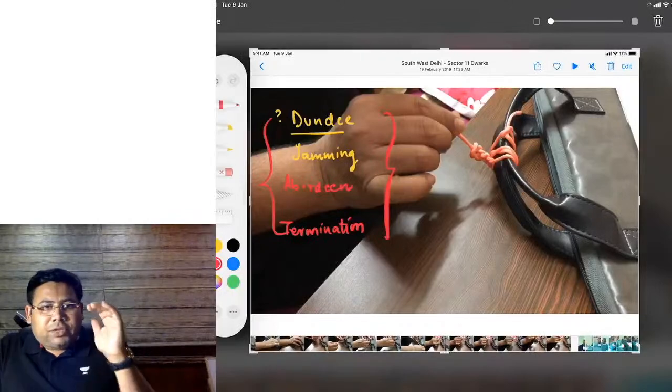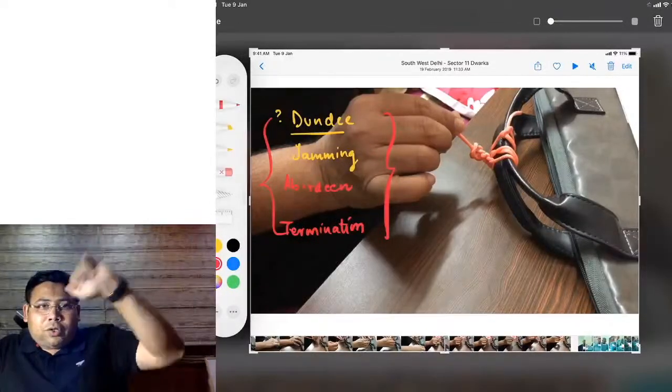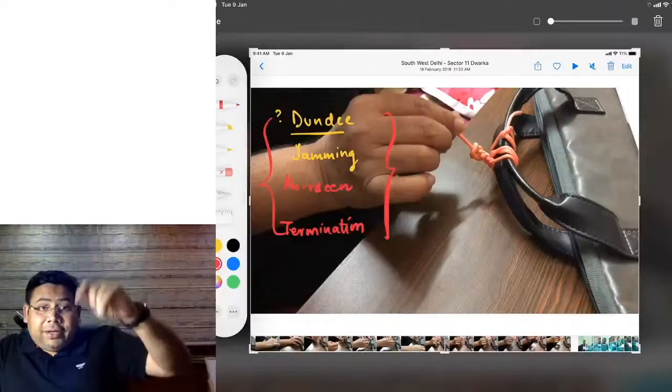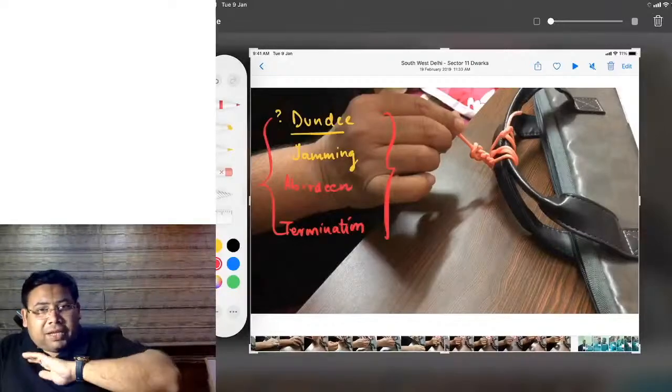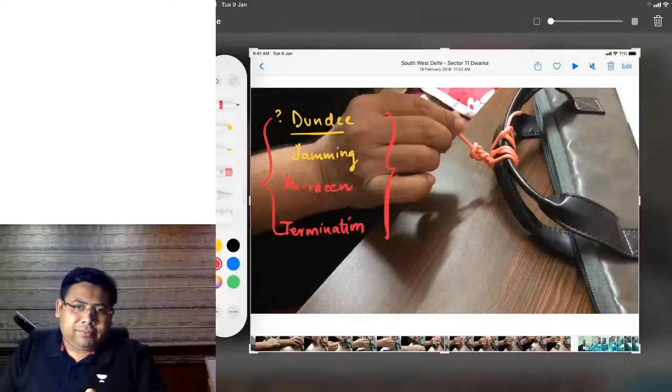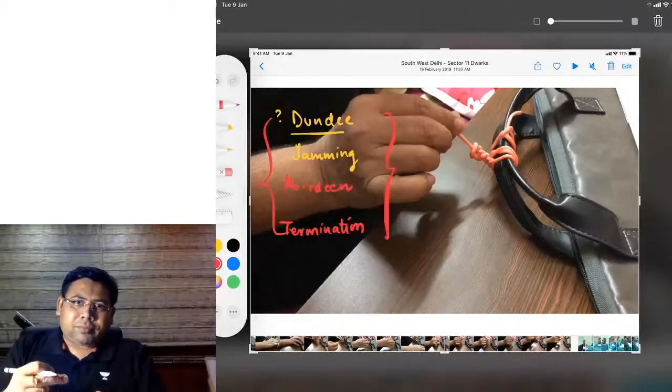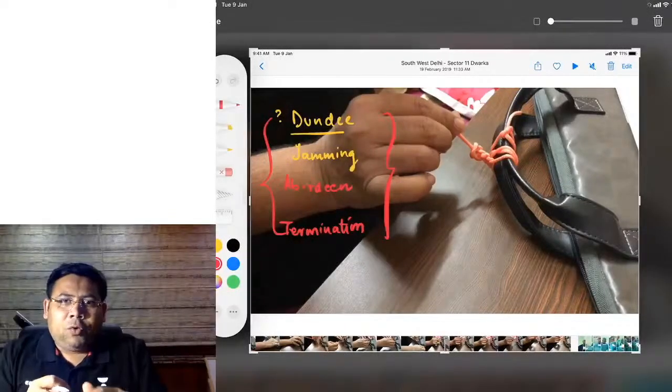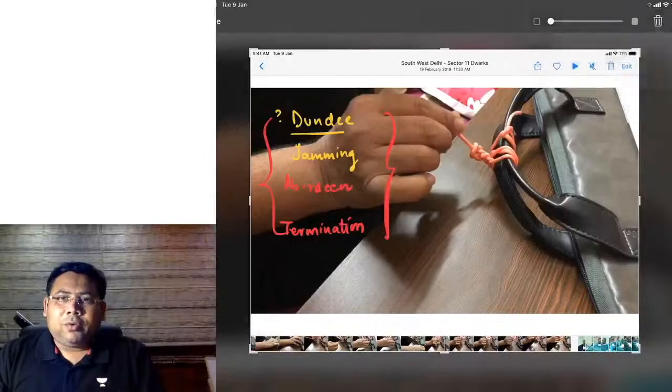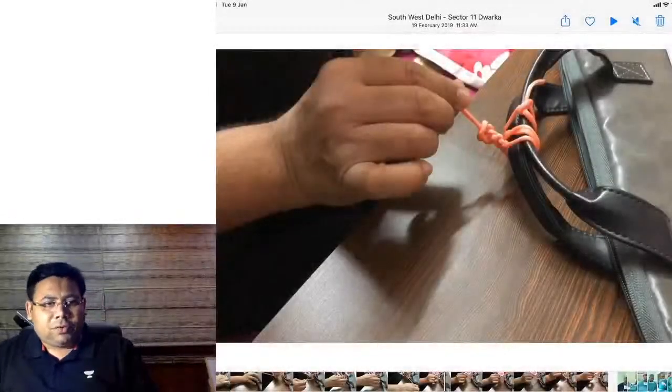In Scotland, if you see the map, Dundee is the northernmost point. So we start with Dundee jamming. First we do the jam and then we terminate it at the level of Aberdeen. So Dundee jamming, Aberdeen termination. Over time, it is commonly known as the Aberdeen knot. Is it clear?